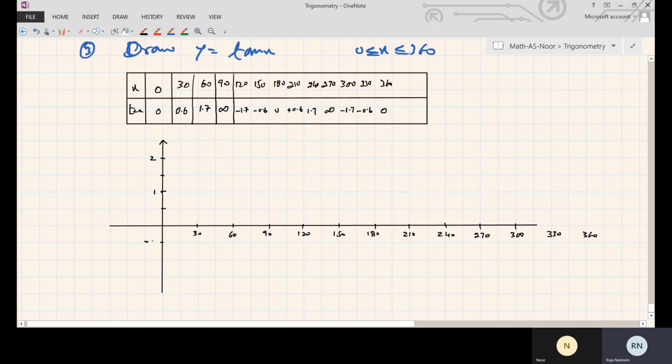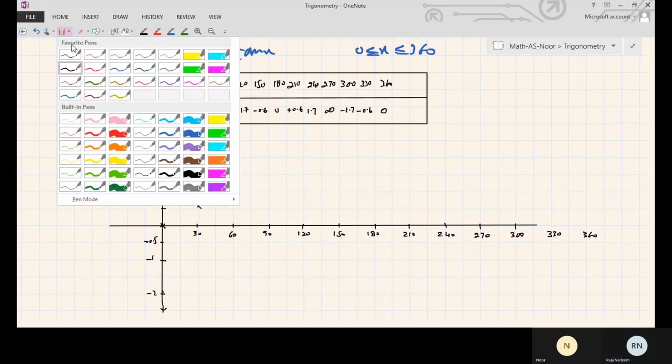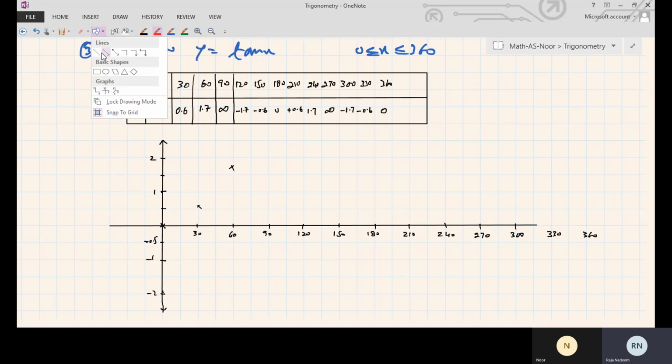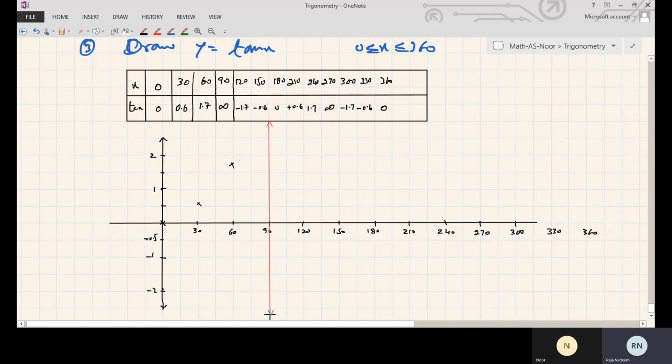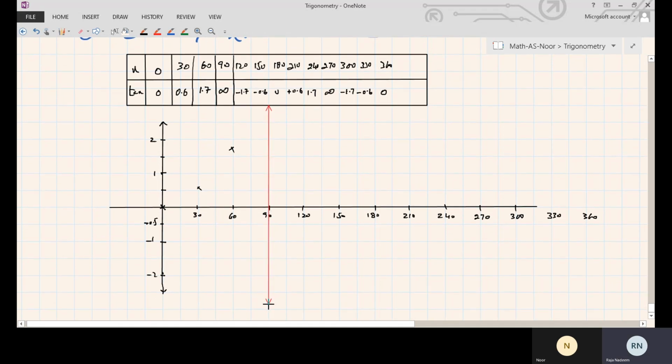This is minus 0.5, minus 1, and minus 2. Tan 0 is 0, it is 0.6 somewhere, tan 60 is 1.7 somewhere. Okay, whenever you get this math error at any value of x, you draw a vertical line that will pass through that point. So I'm drawing this vertical line to get this.